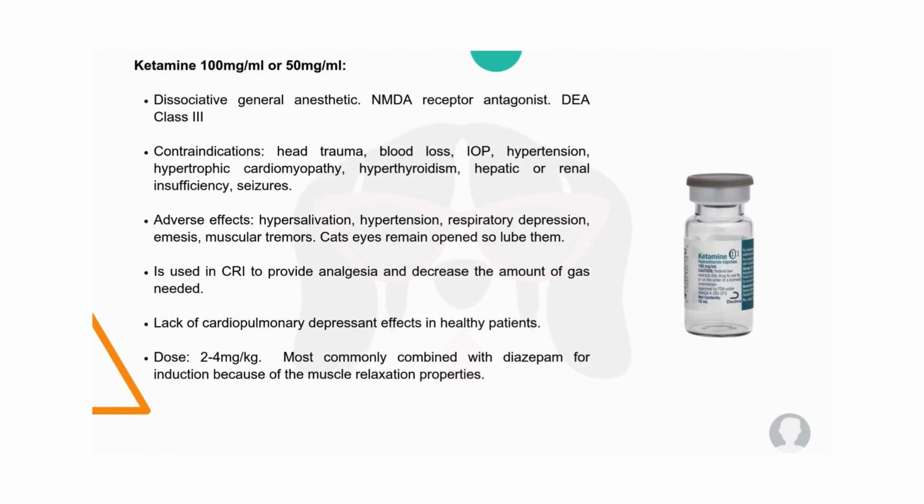And ketamine may come in 100 milligrams per ml or 50 milligrams per ml concentration. It is a dissociative anesthetic. It is an NMDA receptor antagonist, and the dose is 2 to 4 milligrams per kg. It is usually combined with diazepam for its muscle relaxation properties.